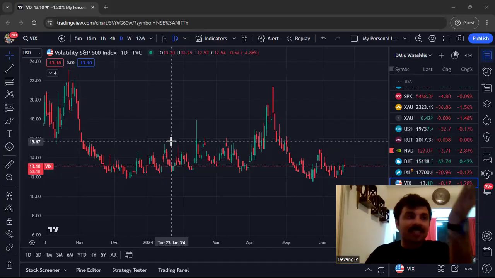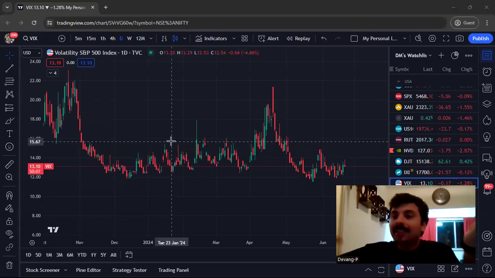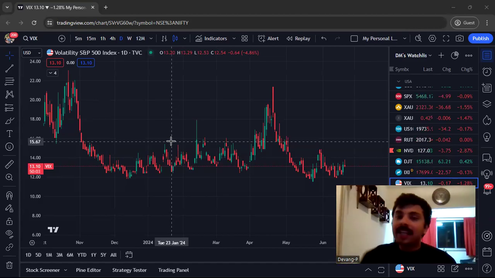So buying of call options is not like 3, 4, 5 times the selling of the call options. Because of that, when the market is going up, the IV really doesn't shoot up. And if the IV doesn't really shoot up, your VIX will not go up, because VIX is nothing but the 30-day implied volatility.